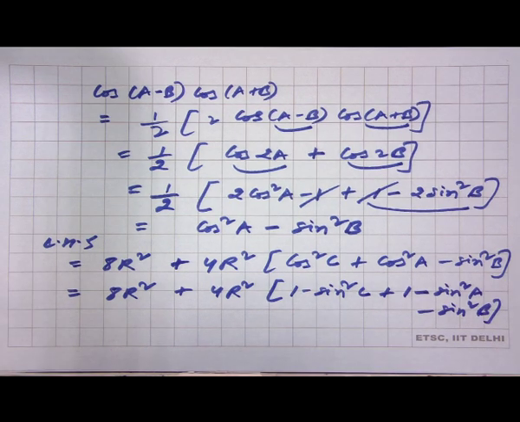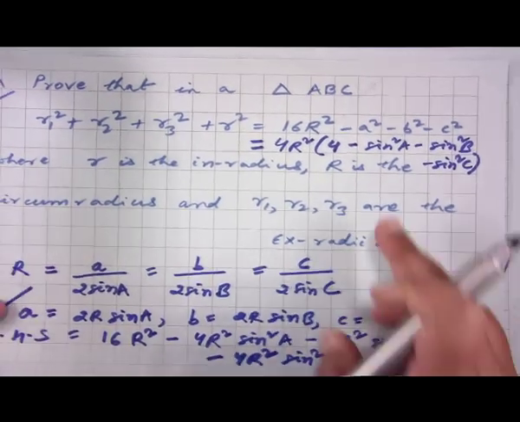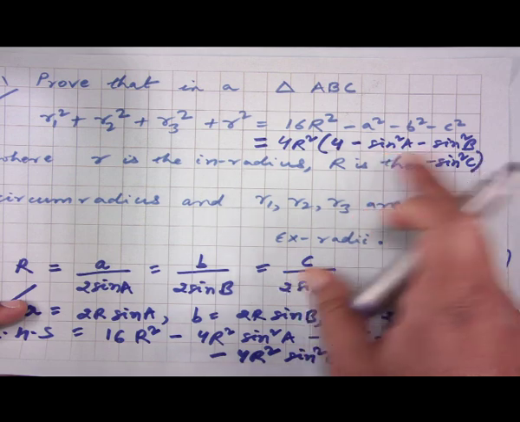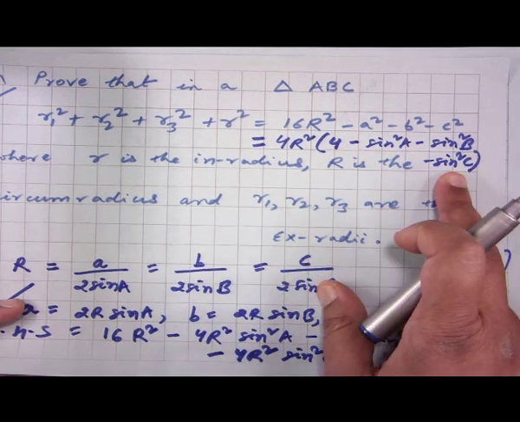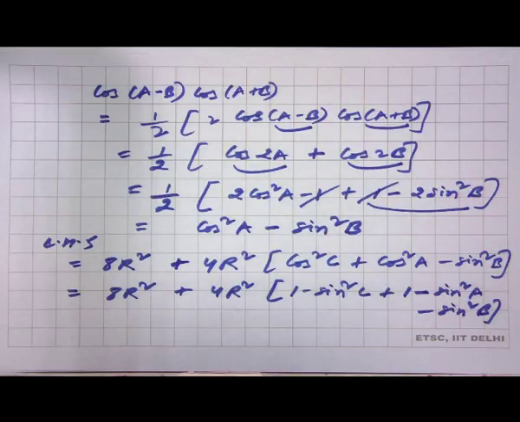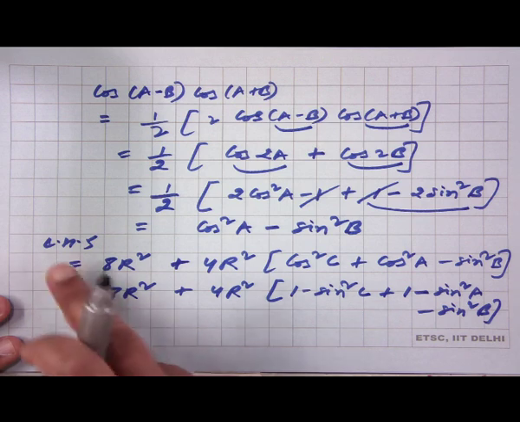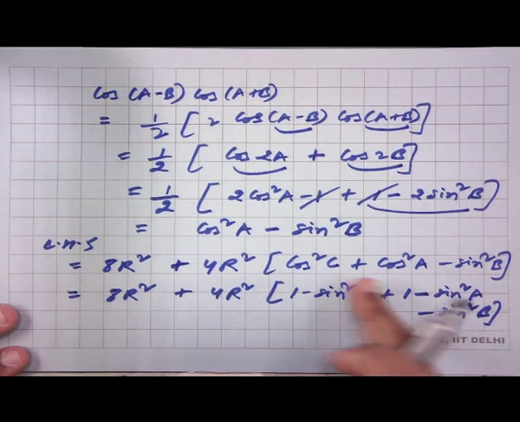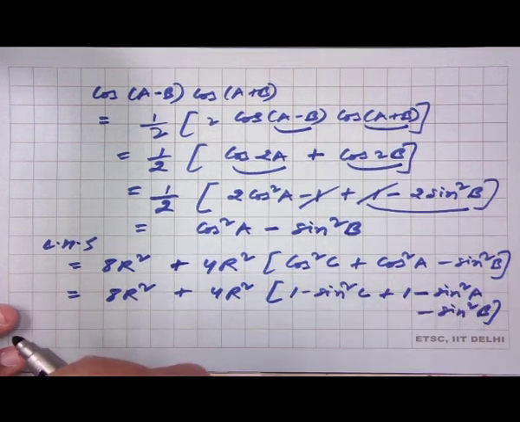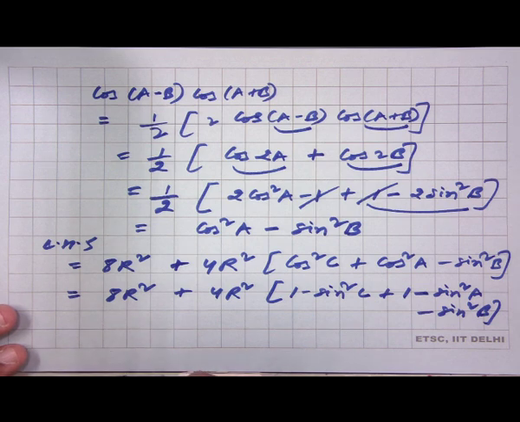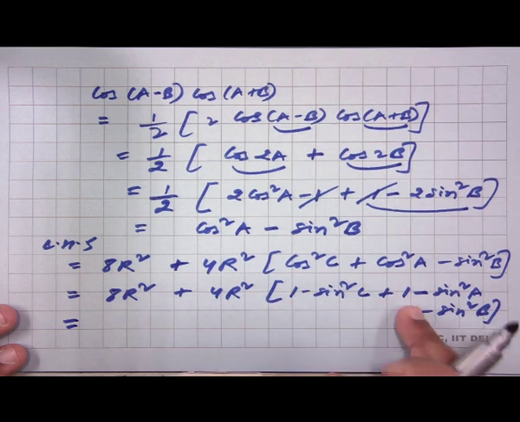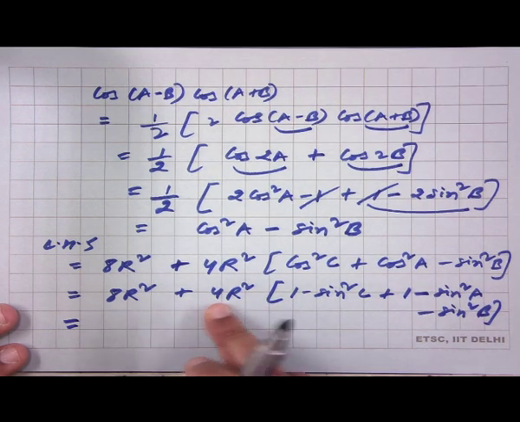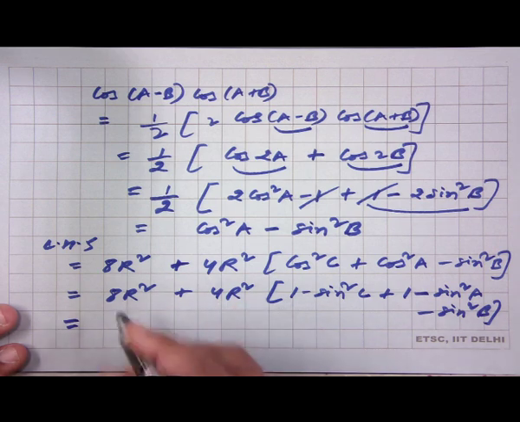because if we remember, on the right hand side here we have the squares of all the sines, and therefore, to prove this left hand side to be equal to the right hand side, we have to convert all of these cosines to sines. And then 1 plus 1 is 2 and 2 times 4r square is 8r square.